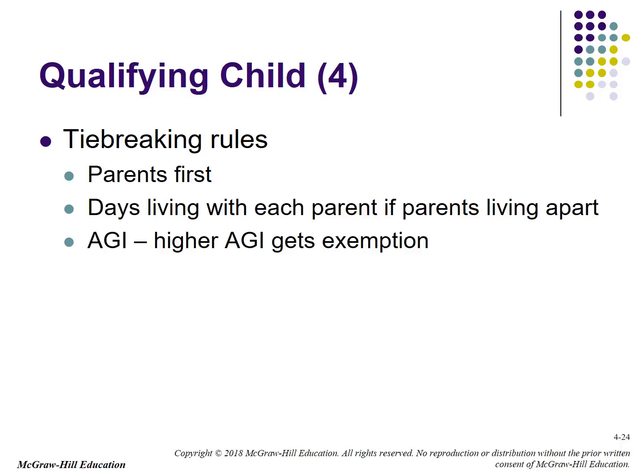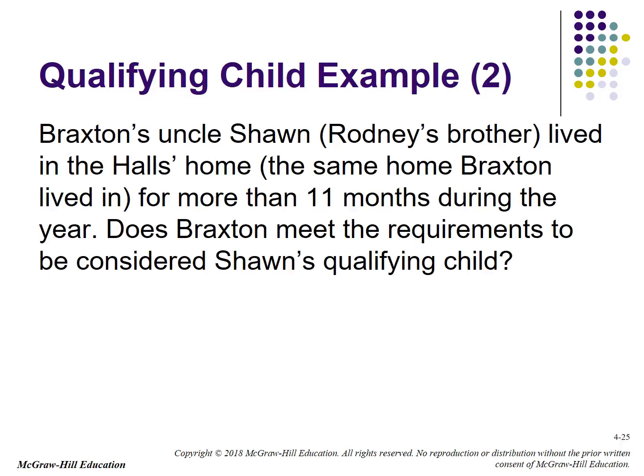So, take a look. Braxton's Uncle Sean, who is Rodney's brother, so this is Braxton's dad, Rodney, his brother Sean, lived in the Hall's home, the same home Braxton lived in for more than 11 months during the year. Can Sean claim Braxton as a qualifying child?